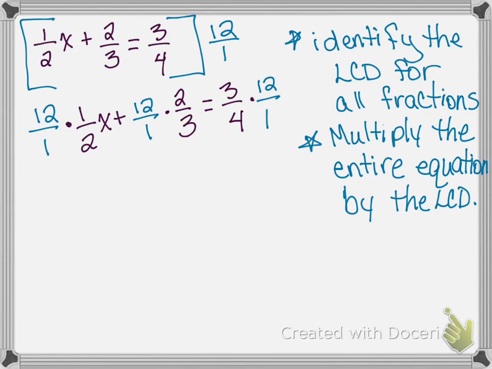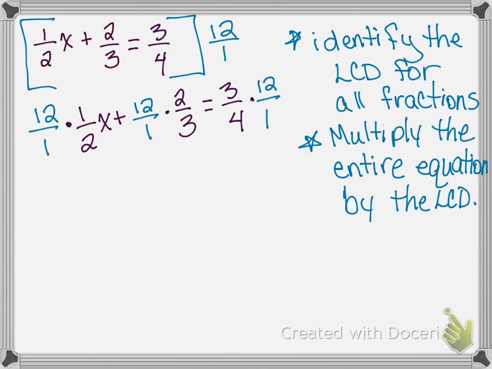So the stuff in purple, the 1/2 x plus the 2/3 equals the 3/4, that is my original equation. 12 is what we decided was our LCD, and the fractional or rational form of 12 is 12 over 1. So I have taken 12 over 1 and I have multiplied it by each term in this equation.